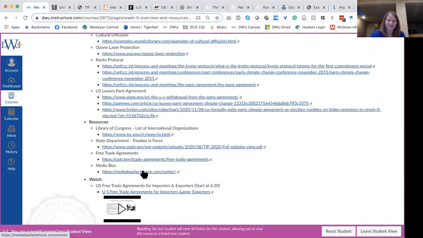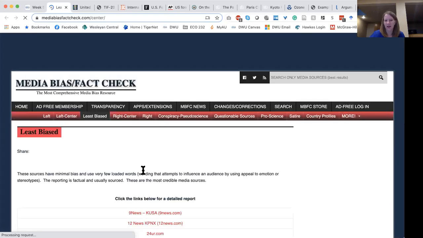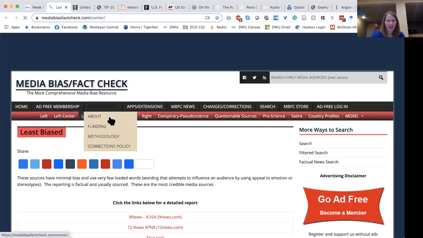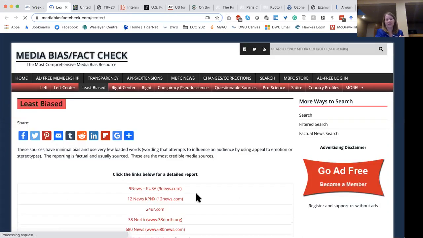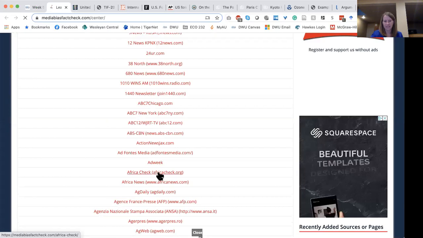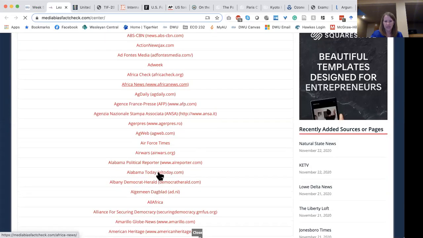And then I provided this one just because I like this, with the fact that I gave you those two articles to see how they report things differently. It's not perfect, but it does give you some pretty good least biased media and fact checking to look at and see if you think they're biased or not.